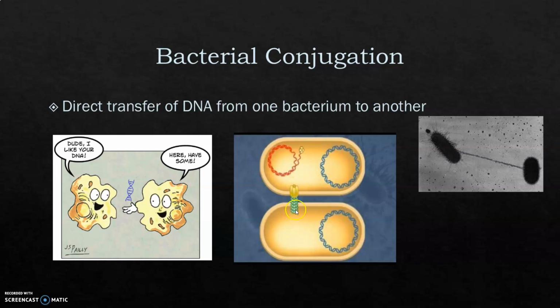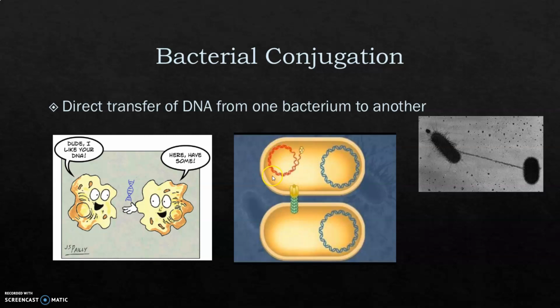But you have this bridge attachment, and it's always one direction. So the donor cell is going to take the DNA and send it along through the bridge to the acceptor cell, and it's going to form a plasmid within that cell. This is how antibiotic resistance can be spread from bacteria cells.